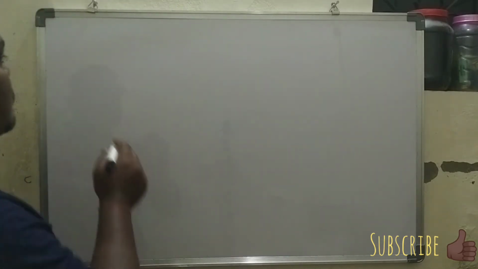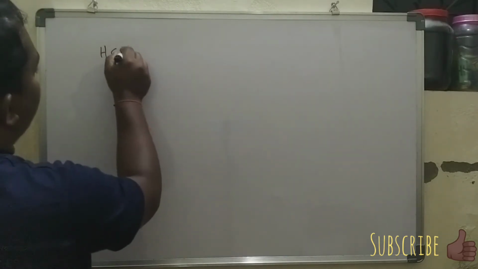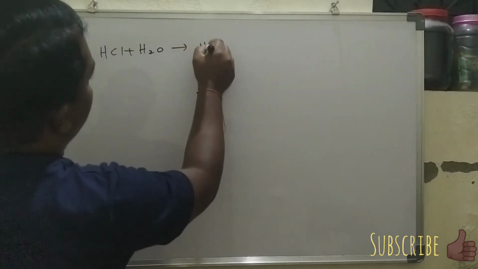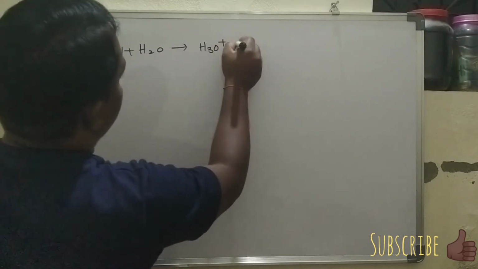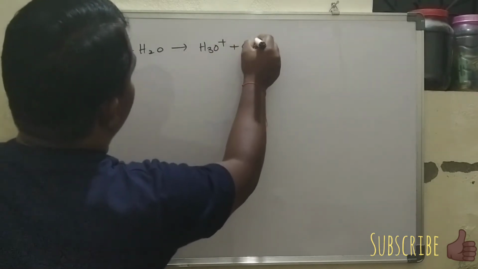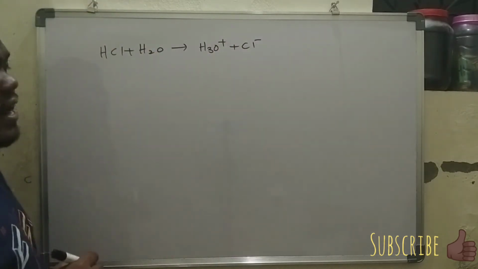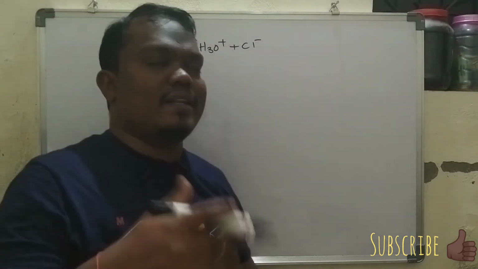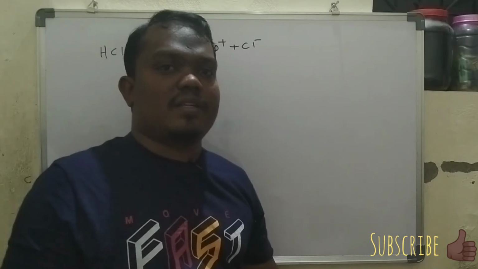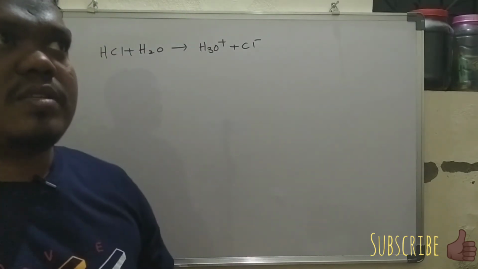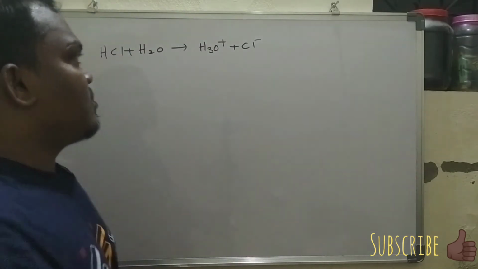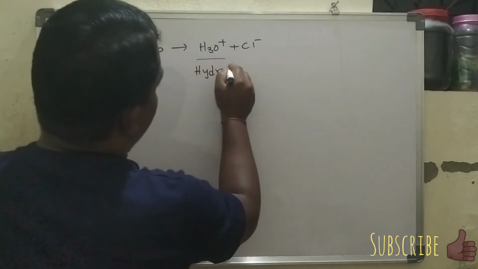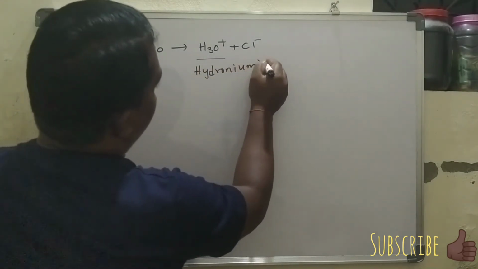So when we take HCl in water, it produces H3O plus ions along with the anion Cl minus. Whatever acids we take, they produce hydrogen ions along with a water molecule. This is what we call the hydronium ion.